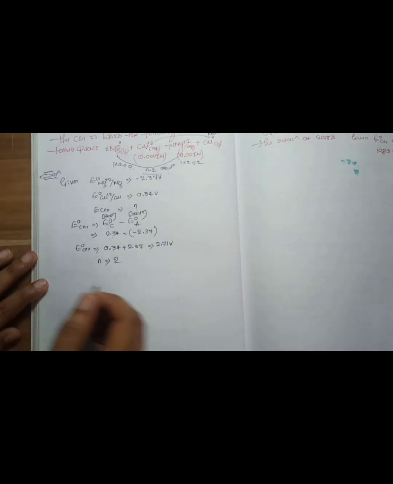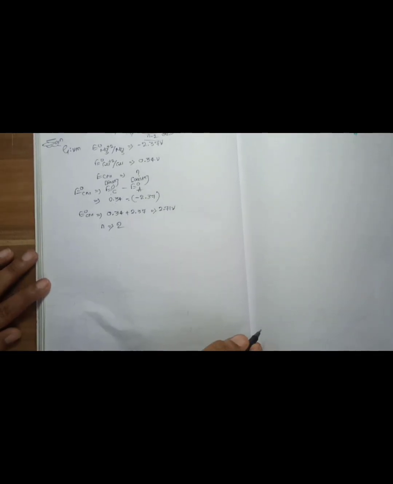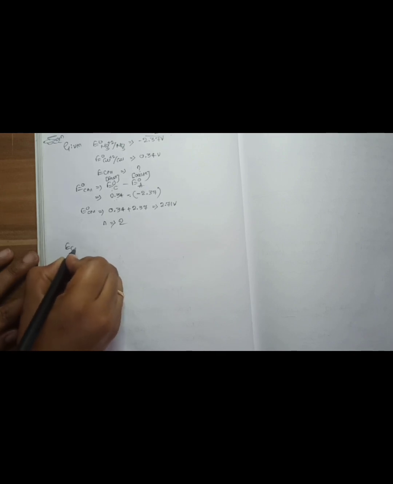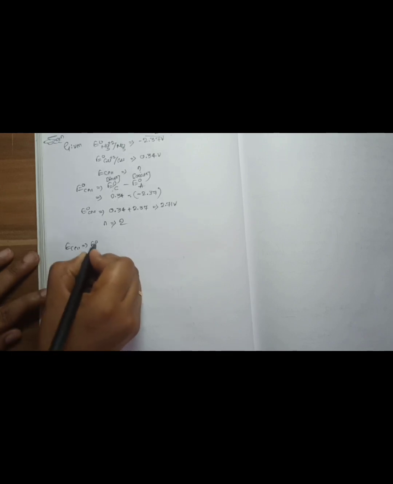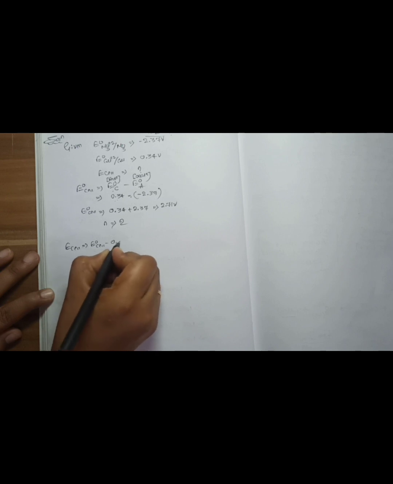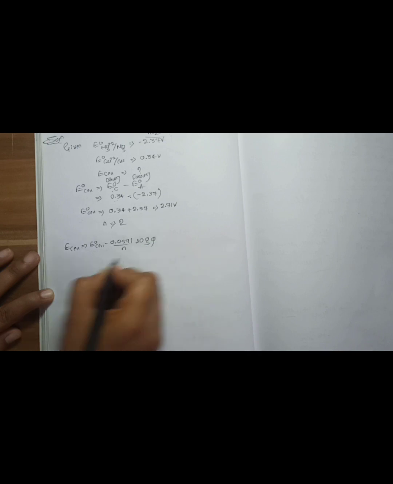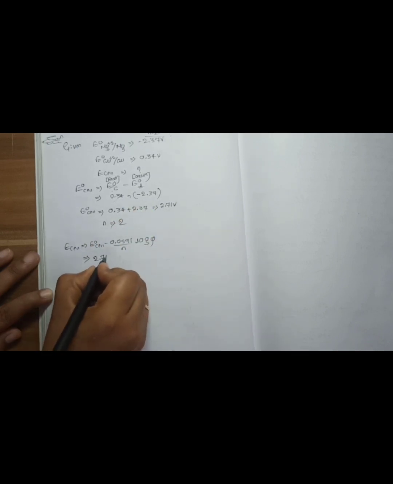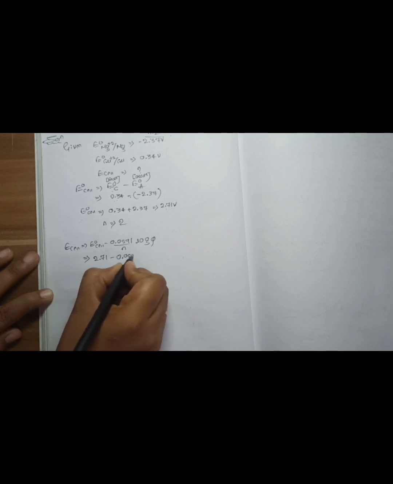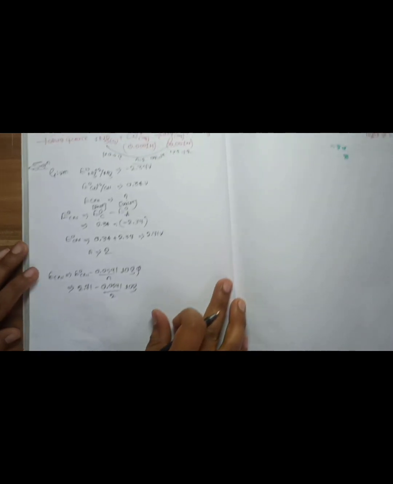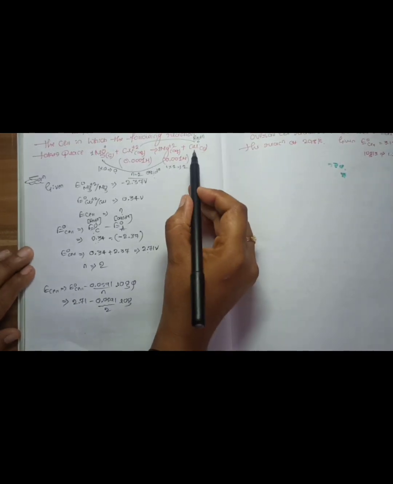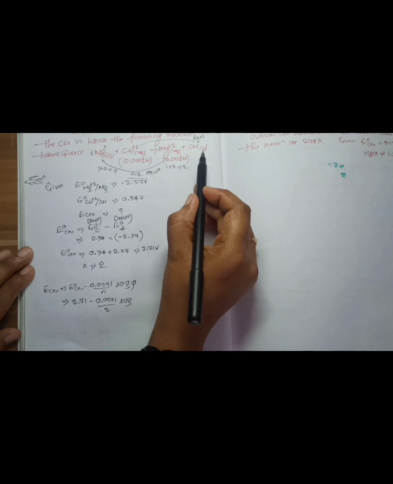N value we got. Next, use the Nernst equation: E cell is equal to E naught cell minus 0.0591 by N log Q. E naught cell we got 2.71, minus 0.0591 divided by N value 2, and log Q. How to write Q: copper in its state is solid, so its active mass is 1.